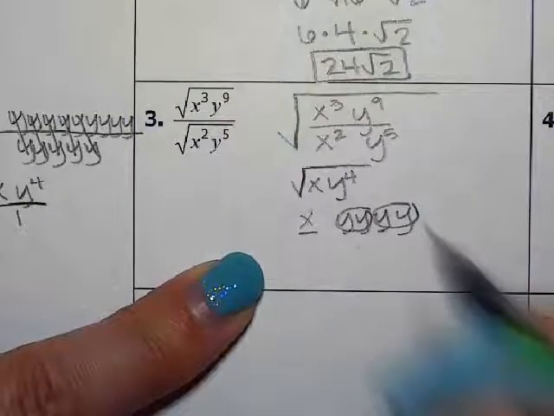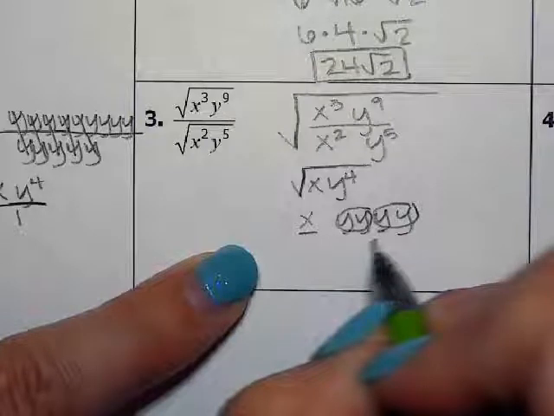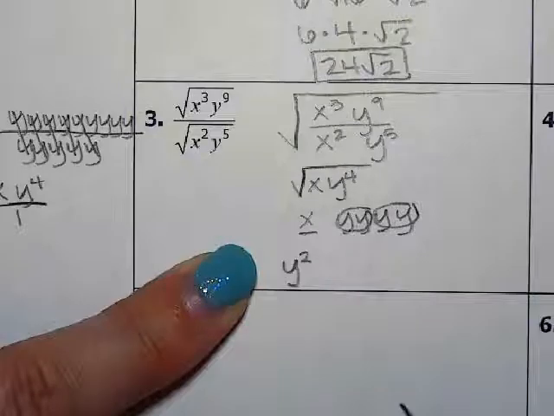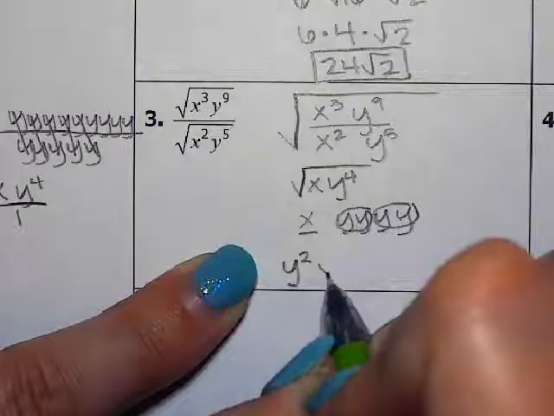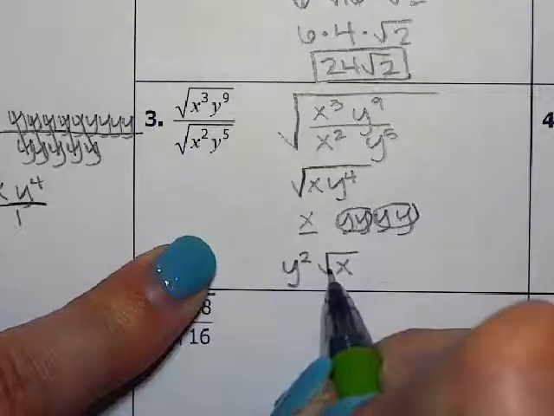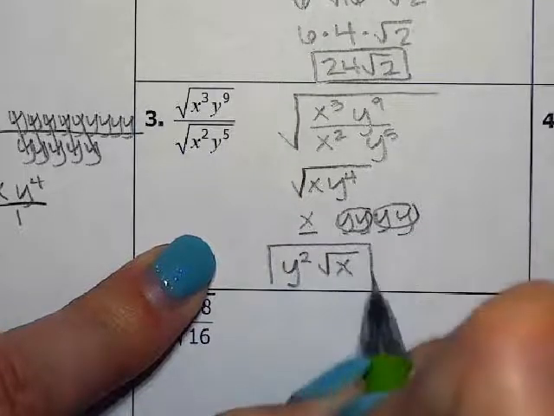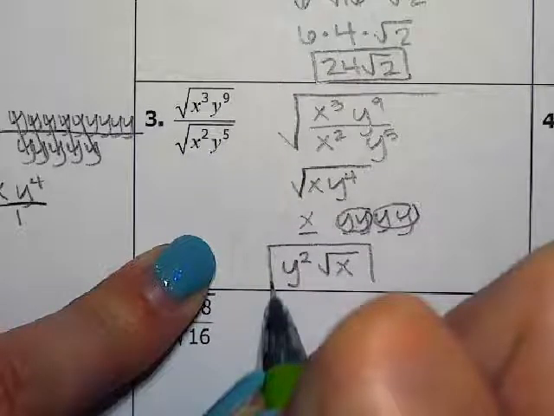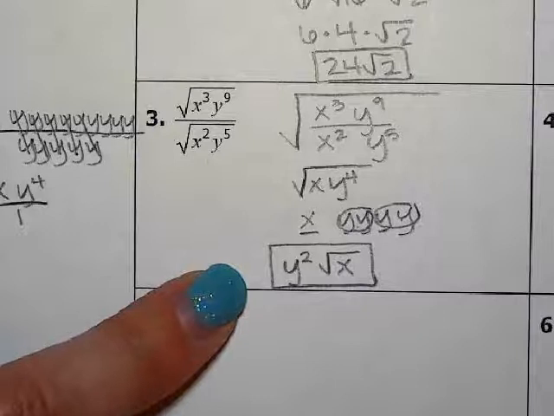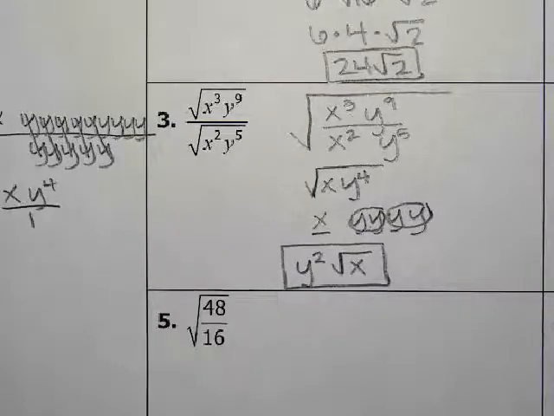So I've got a pair of y's, that makes y squared in front of the radical. I have x, so y squared with a root x inside. Okay, so that one was a little bit tricky.